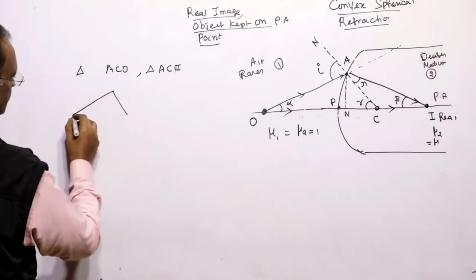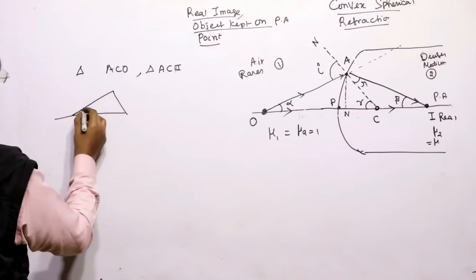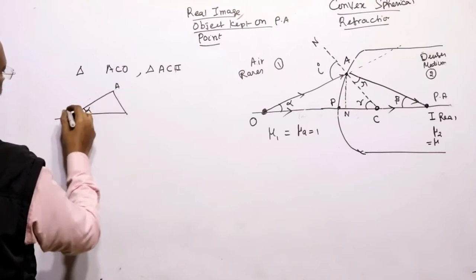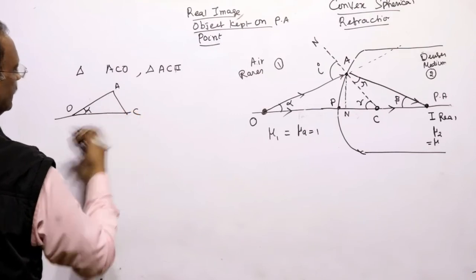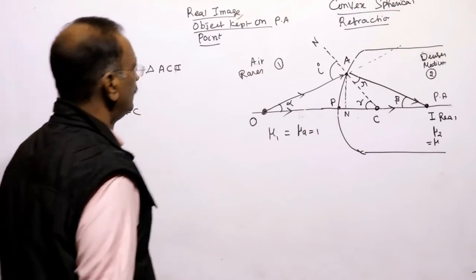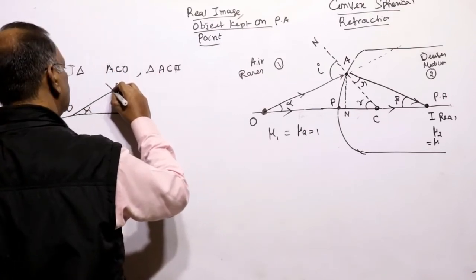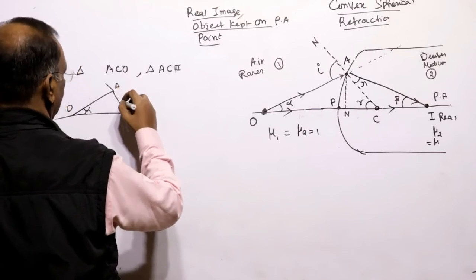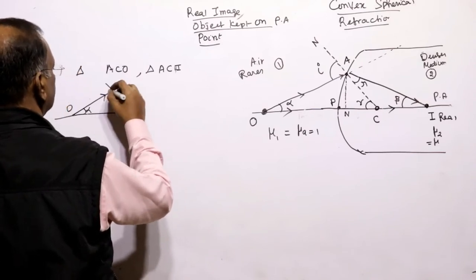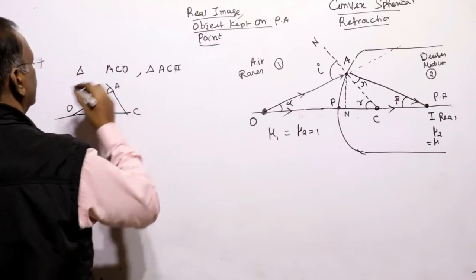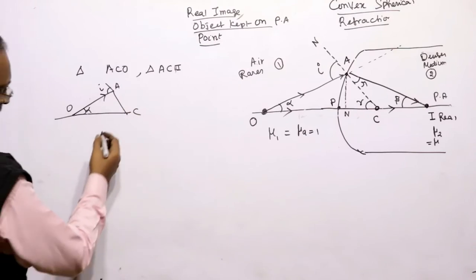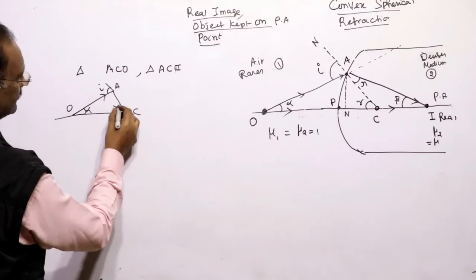This is C, this is A, this is alpha, this is O. Now for C, this is the angle of incidence, and this is alpha, and this is gamma.